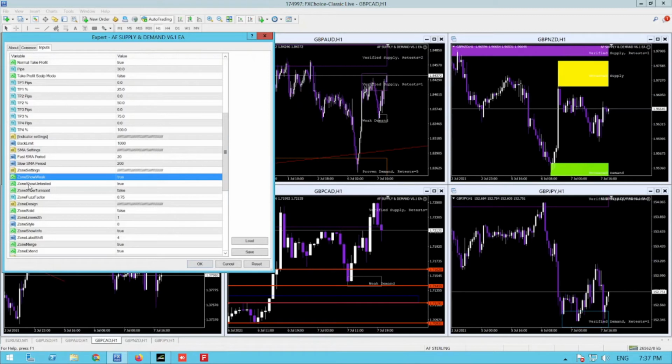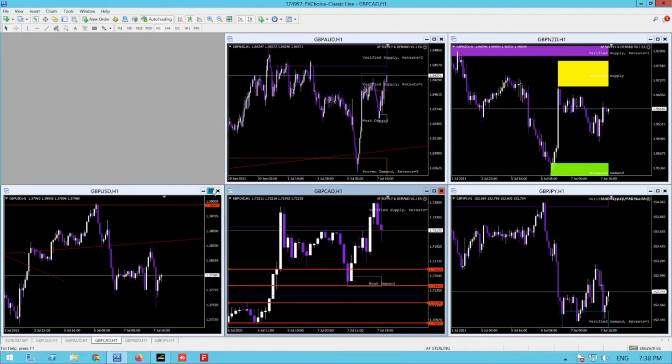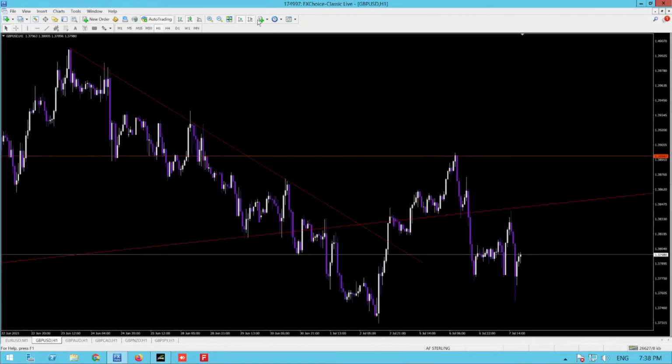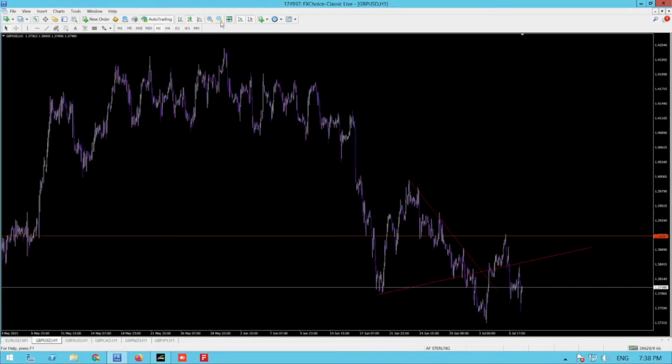You can actually show the untested zones, which is what we're looking for. Okay, when you're trading with this EA, you want to make sure that your untested zones are pretty much displayed. So if we go over to, let's use sterling.